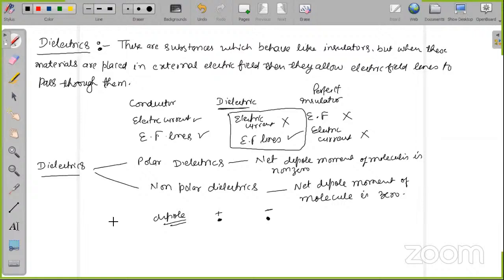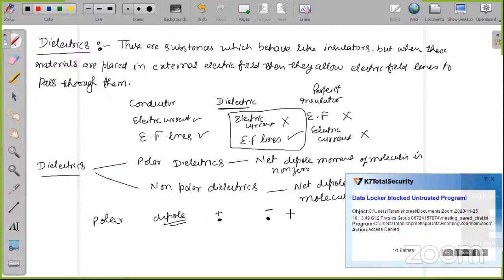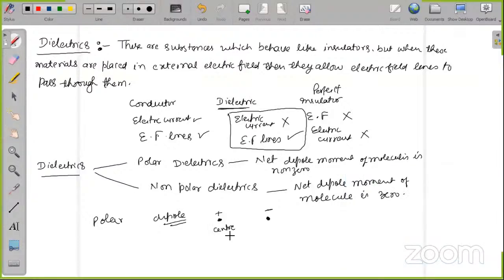Now, in polar dielectrics, the center of positive charge and the center of negative charge are separated from each other. But in non-polar dielectrics, there is only one center of positive charge, and the same point acts as the center of negative charge.